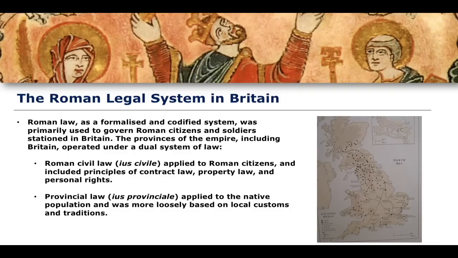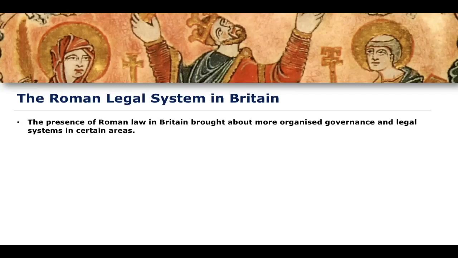This was a little bit less codified, a little bit less formalized, and that's one of the reasons why, when the Romans eventually leave Britain and the Anglo-Saxons, the Angles and the Saxons, start to colonize and take hold of the British Isles, we see that the Roman law itself did not survive in the same kind of way that it did in places across Europe.